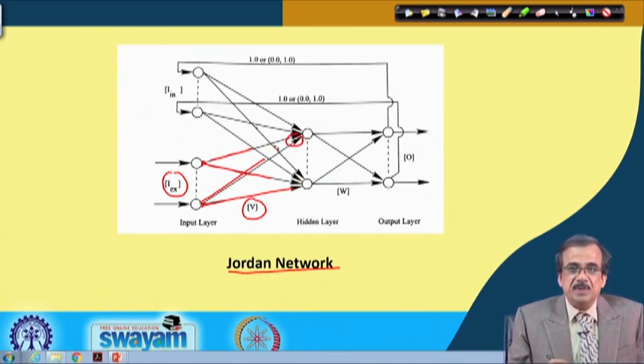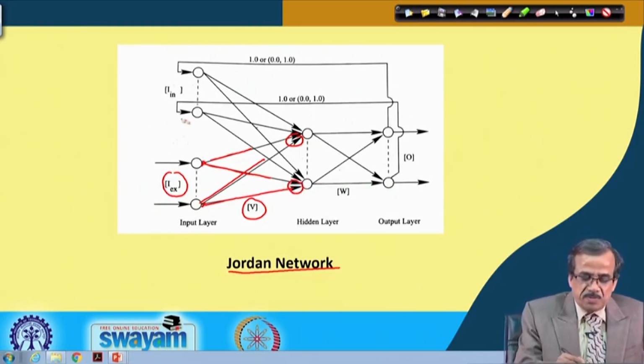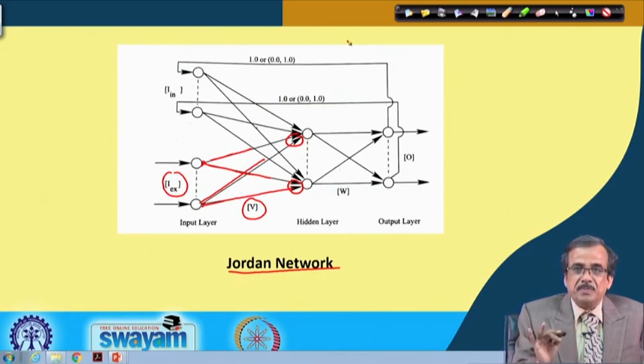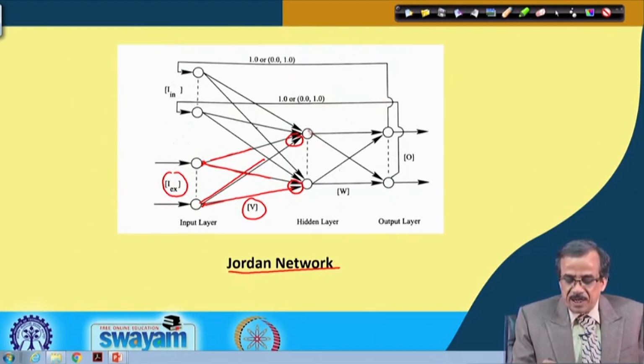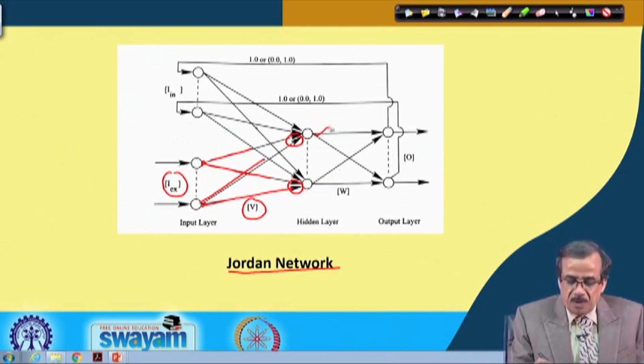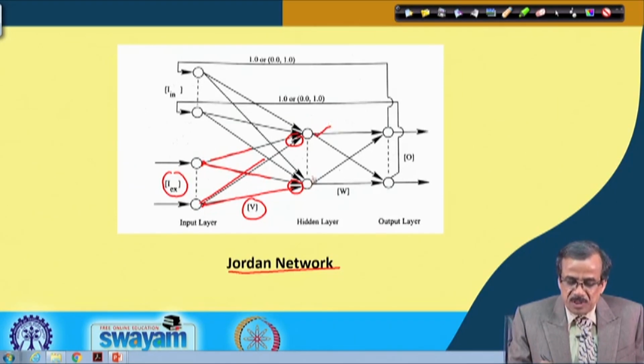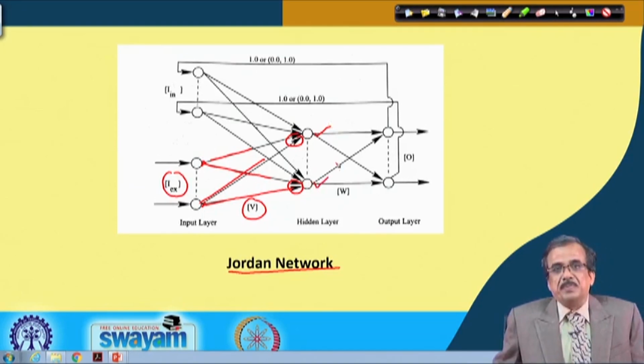So, I will be getting some input here, and initially we assume that this feedback circuit is not present. Now, I will be getting the inputs, and we will pass them through the neurons of this hidden layer. Depending on the transfer function, I will be getting some output here, and similarly here also for this hidden neuron.